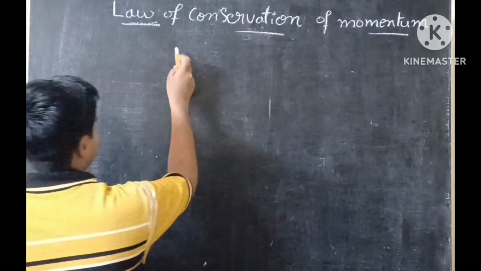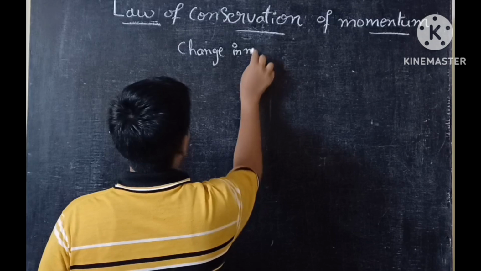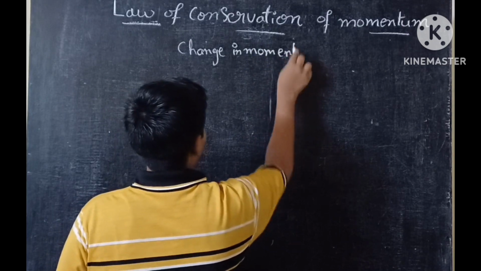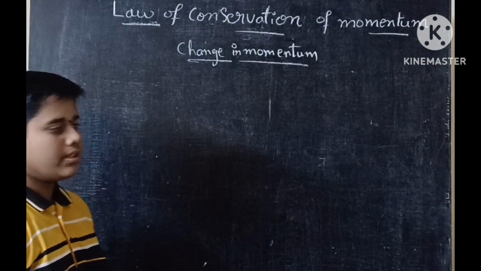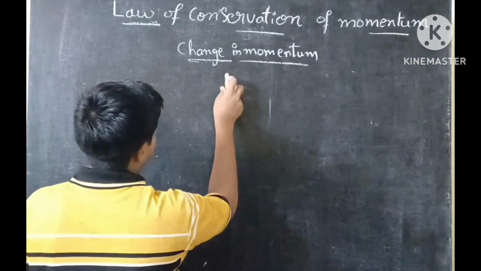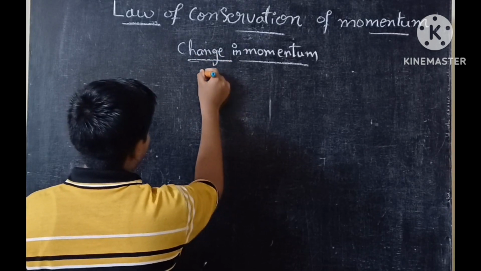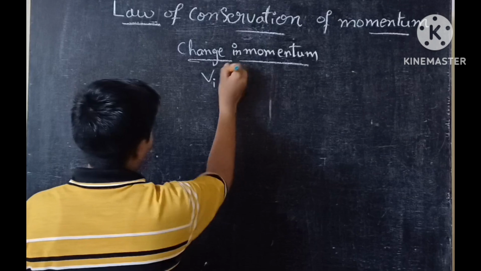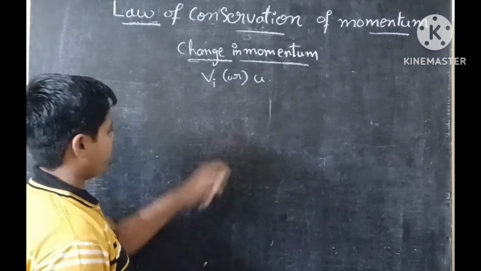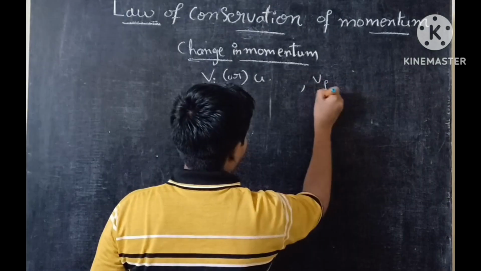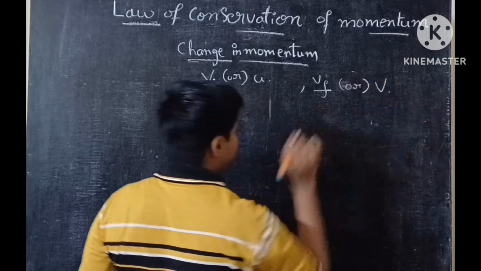Now change in momentum. Here we have to take the initial velocity, which is Vi or u, and the final velocity, Vf or v.